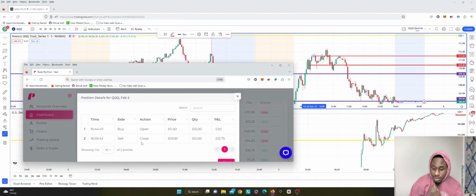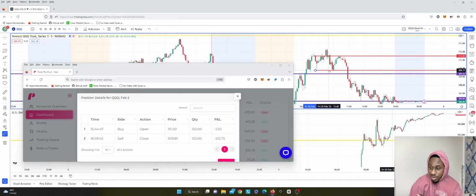The next trade was a buy, so I'm guessing I probably flipped the trade now and entered for a buy right here and hit my stop loss at 309.81.